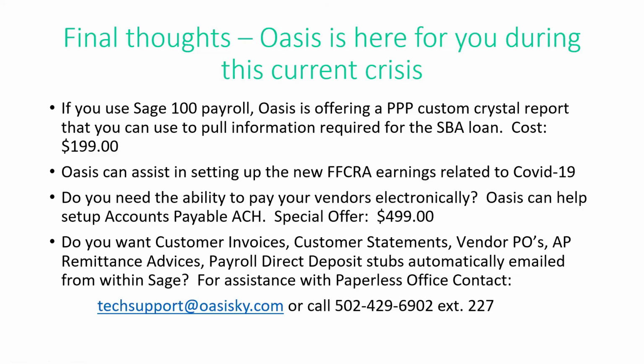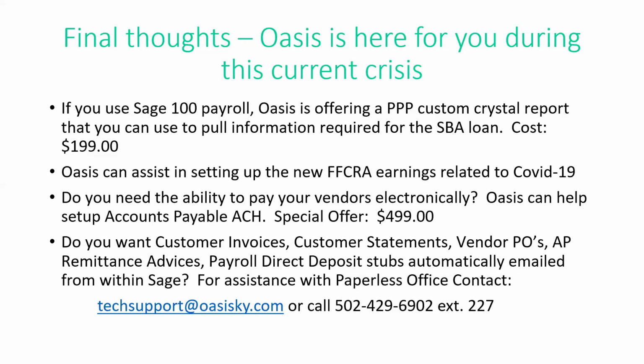Oasis would do this as a fixed fee for $499, which is a significant discount in getting that set up. And that would include setting up one bank account for AP/ACH and doing the testing and getting a sample file sent to your bank to make sure that it's accessible.